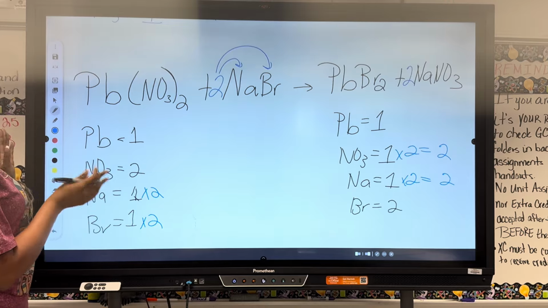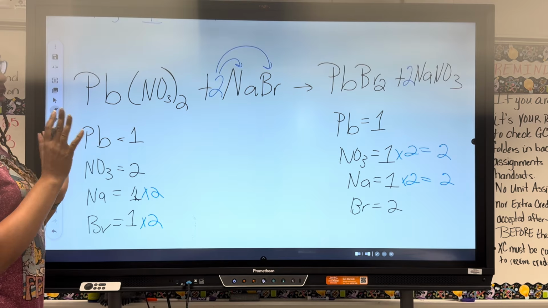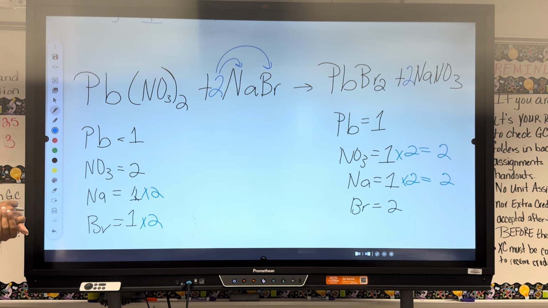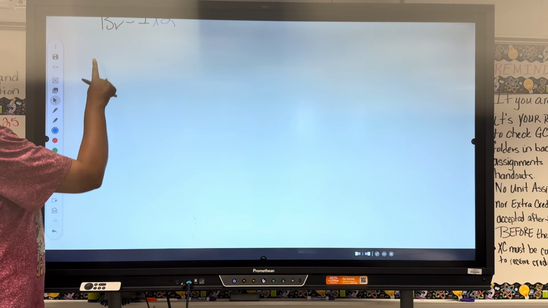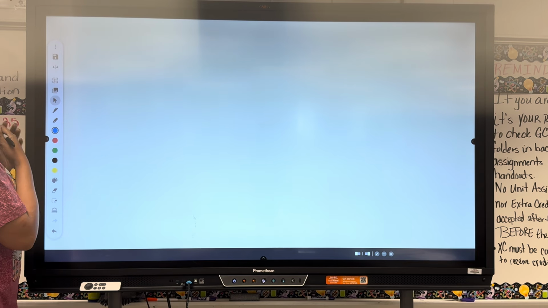So once you have the same quantity and type of elements on both sides of the equation, it is considered balanced. Let me do one with water, because that tends to throw kids off sometimes. Let's do, let me see.